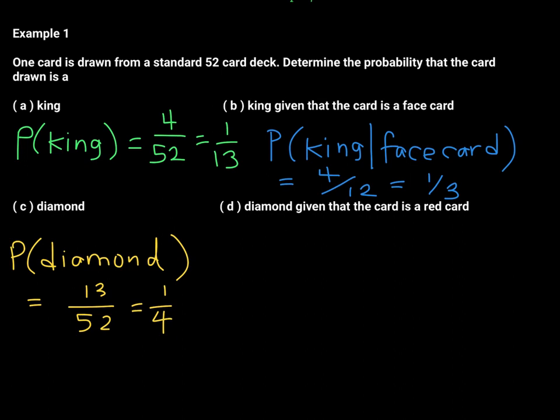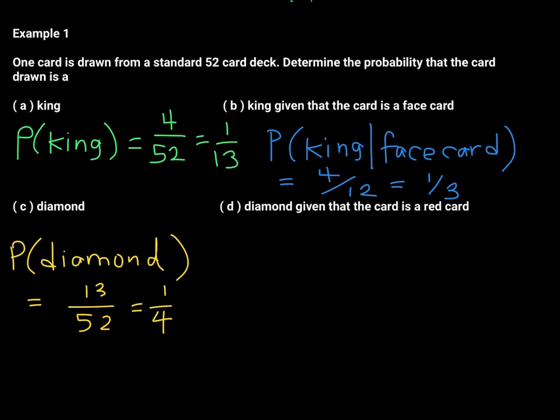Now, what's the probability that we choose a diamond given that the card is a red card? Again, this is conditional probability, so we have to assume this has occurred or that it will occur. Now we no longer consider all 52 cards as possible outcomes. Instead, we only consider the red cards as possible outcomes. How many of the 52 cards are red? Exactly half, right?